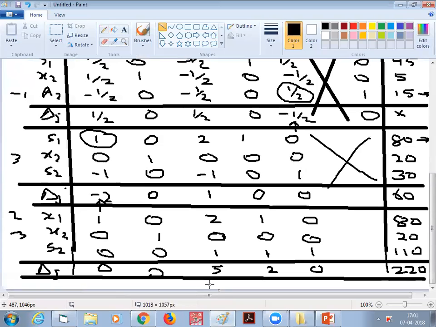Now, as we're going to see, these things that we've calculated here, the delta j's especially, are related to something called sensitivity analysis. And it's actually sensitivity analysis that we're going to use later in making further decisions related to the problem.